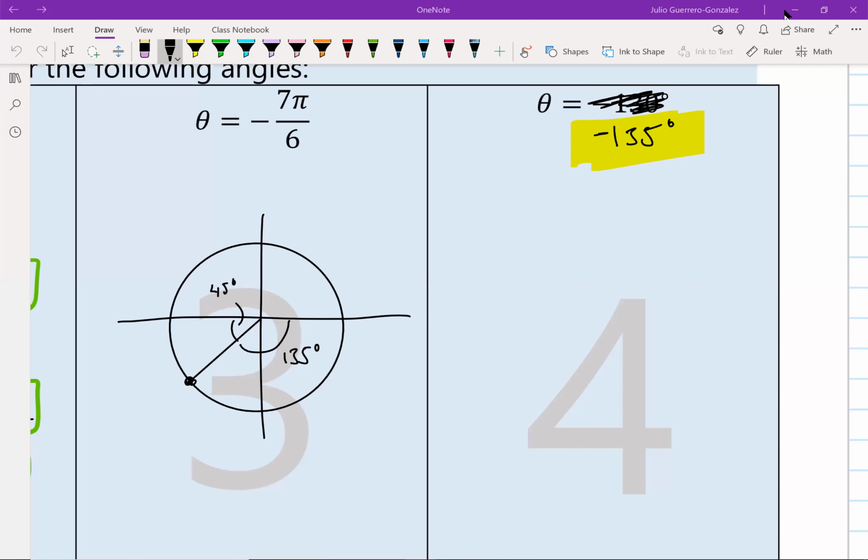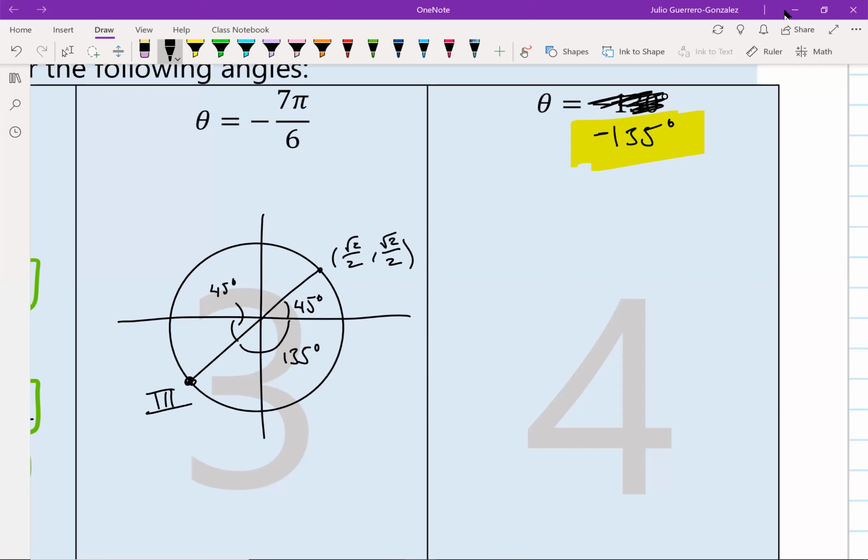Okay, like I said, we have the similar reference angle here. The points being root 2 over 2, comma root 2 over 2. But we are in quadrant 3, and in there, both sine and cosine are negative.